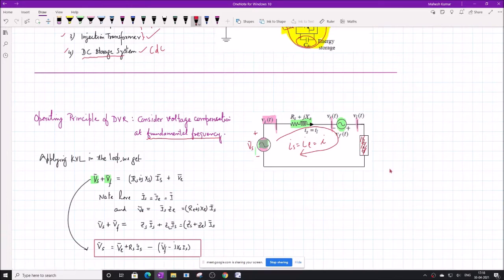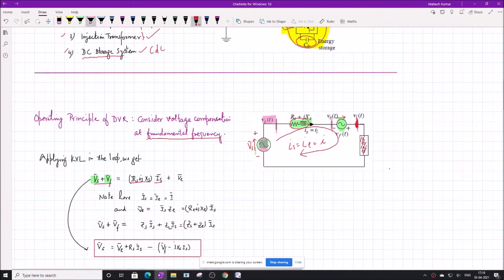So this is a voltage rise in one sense, this is also a voltage rise. So VS plus VF equals RS plus jXS, the drop across the feeder impedance, into IS, plus VL, this is VL.